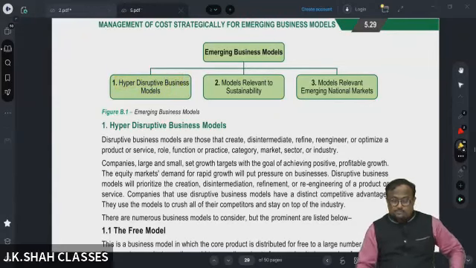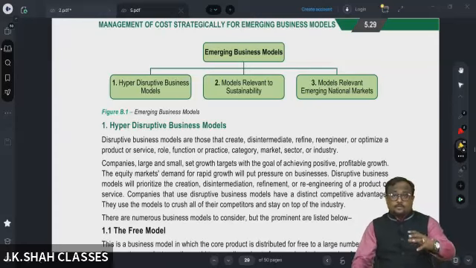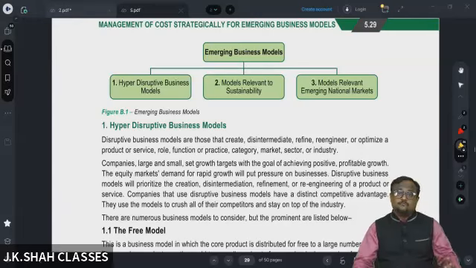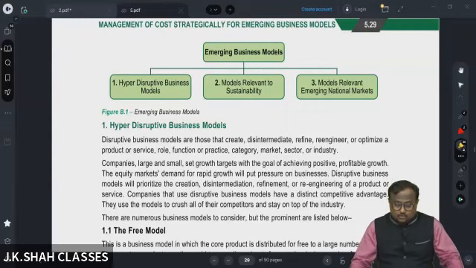When I say hyper disruptive business models, it indicates that there is a 360-degree change introduced by a company, a manufacturer or a service provider, that has changed the entire lookout of the industry, that has changed the entire functioning of the industry. So highly disruptive is the 360-degree change.